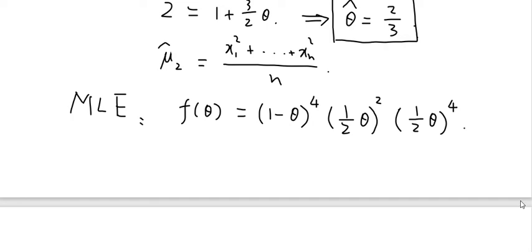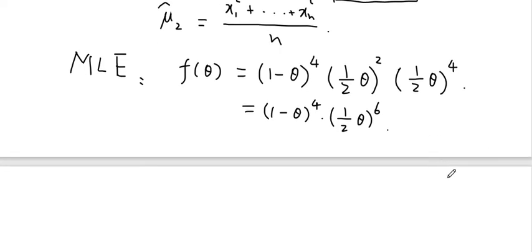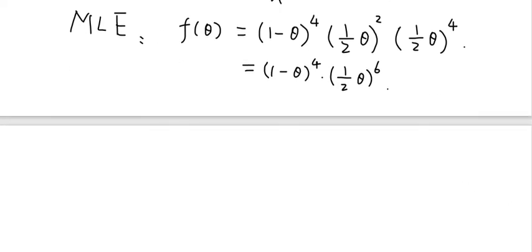Okay, so we simplify a little bit. 1 minus theta to the 4th. Here we can say, oh, they're the same, so half theta to the 4th and half theta to the 2nd make half theta to the 6th. Right? So maximize that. We use the derivative, let the derivative equal 0. Because it's a product form, we can also consider ln f theta.